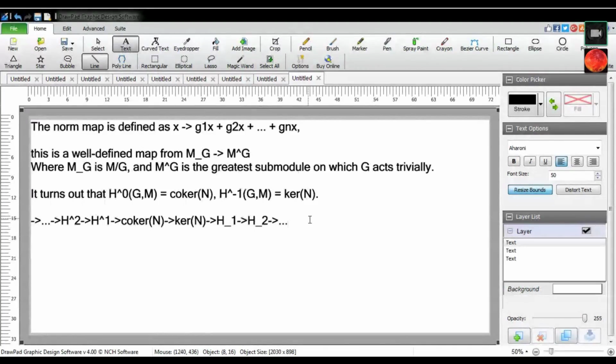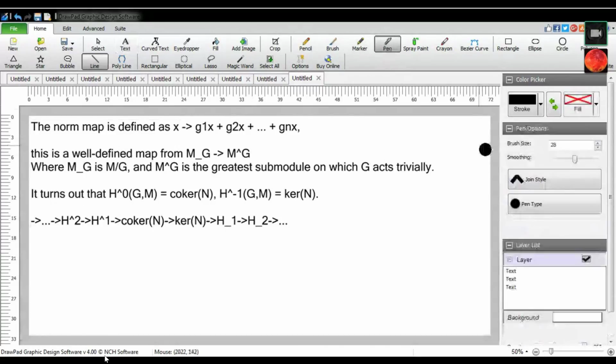One thing I want to prove directly is the existence of long exact sequences, because this is a pretty important tool.